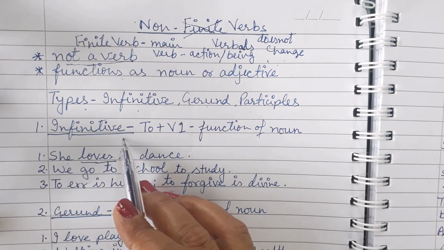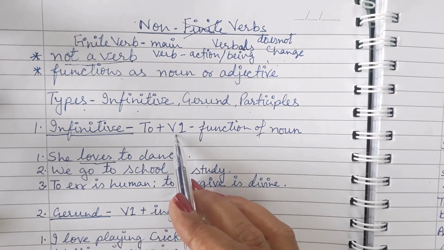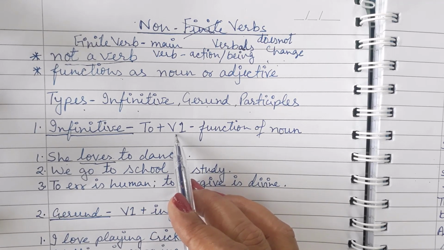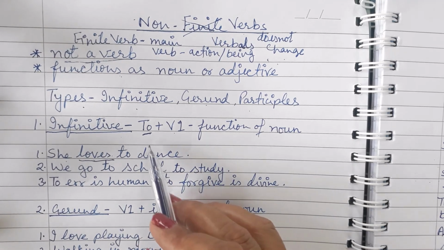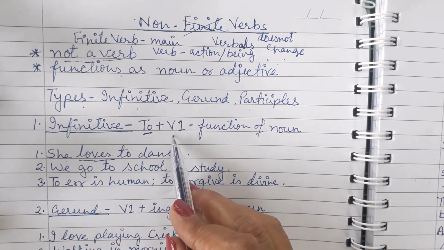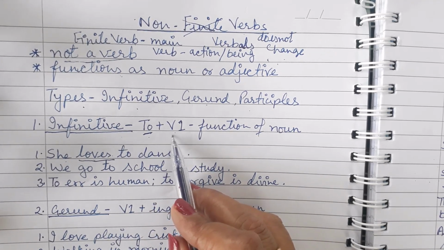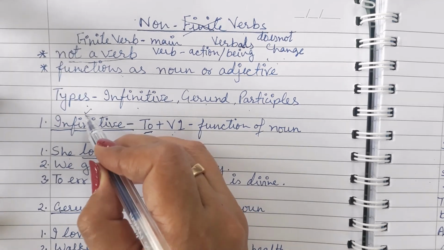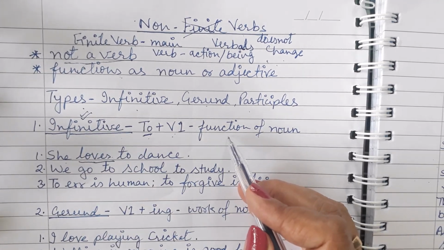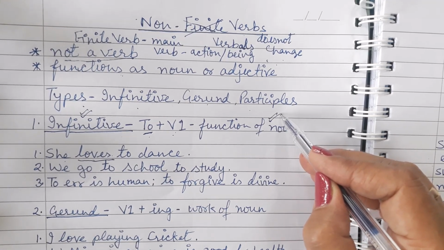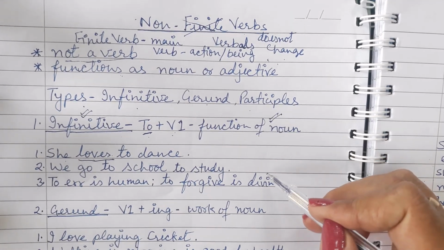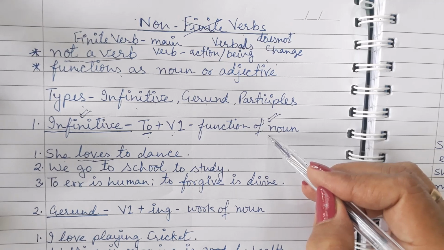Infinitive is the first form of verb preceded by to. If we use to before the first form of verb, it becomes an infinitive and it functions as a noun. As I told you, a non-finite verb is not a verb, so it is a noun.